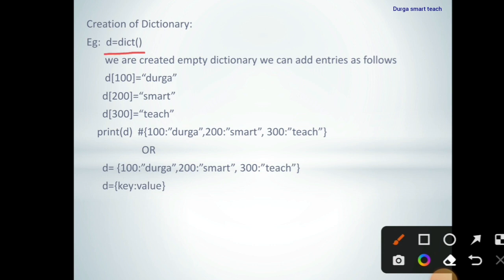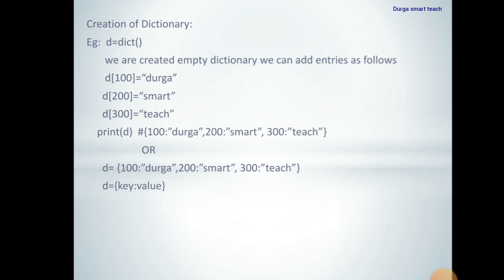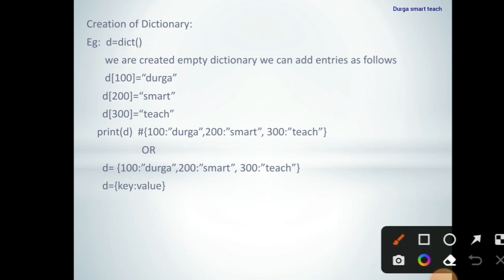Here dict is a function which is used to create a dictionary. Normally if we write D is equal to flower braces, this is an empty set, not a dictionary. If you want to create an empty dictionary, then you need to use the dict function.